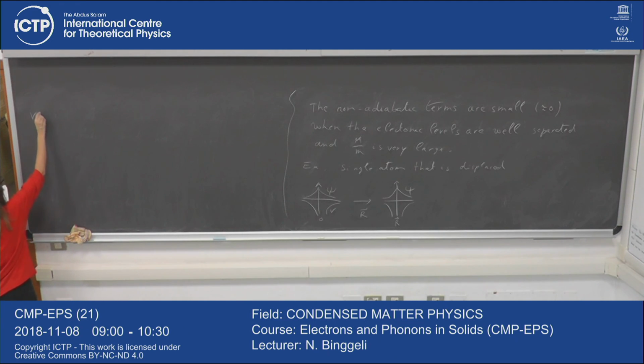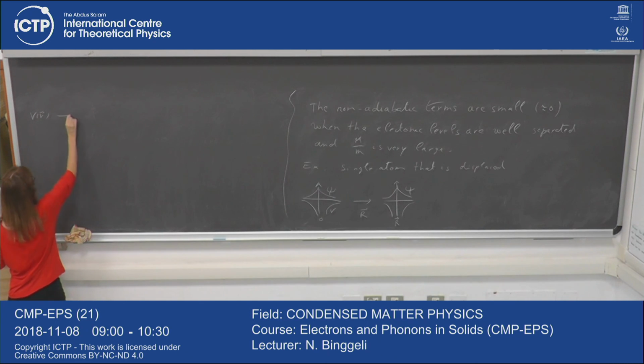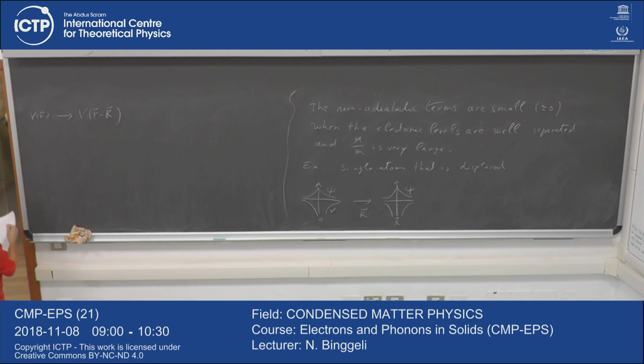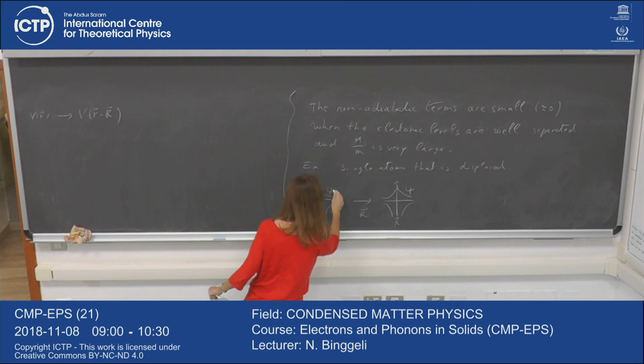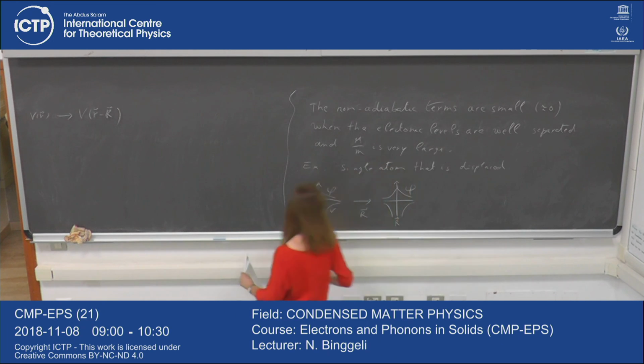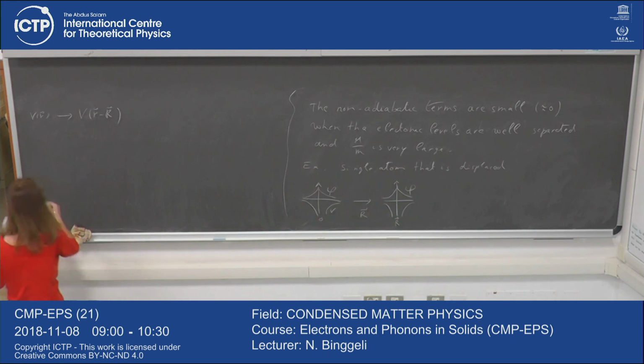I had initially my potential centered at the origin, and now I'm moving it to the position capital R. To be consistent with my notation for the electronic state, I was using the small c.